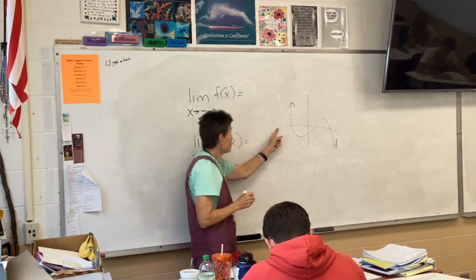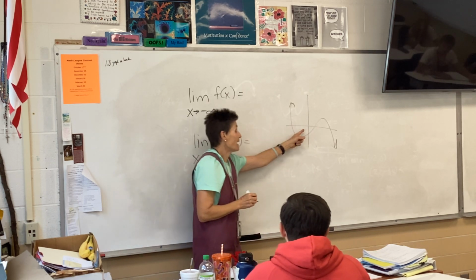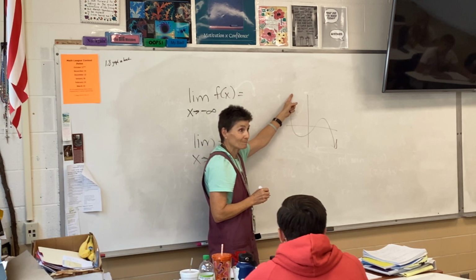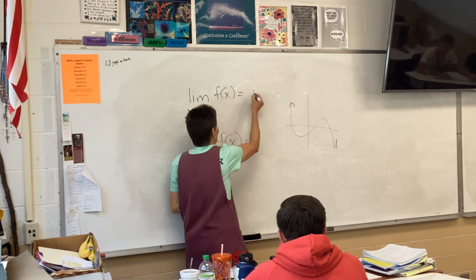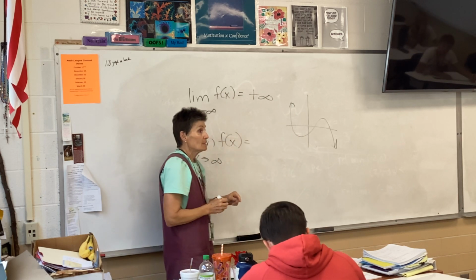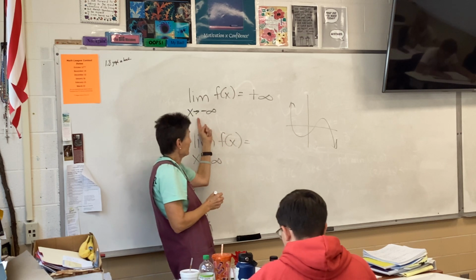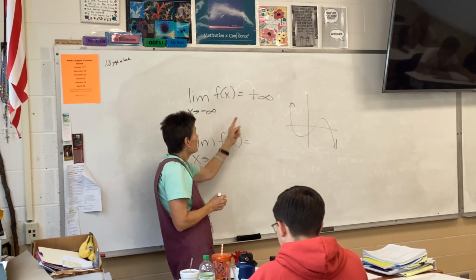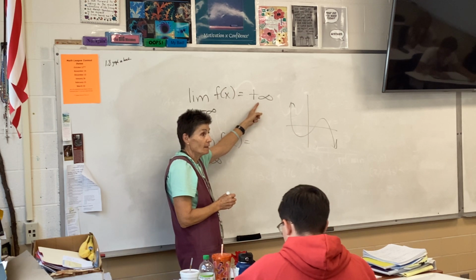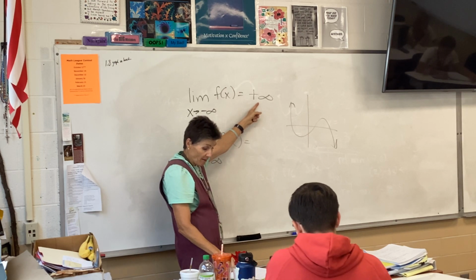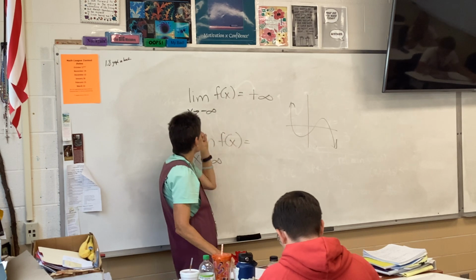So as x goes this way, as x approaches negative infinity, what is happening to your y? Positive infinity. So on the left side of the picture, the curve is shooting up. So where it says left behavior limit statement, this is it.